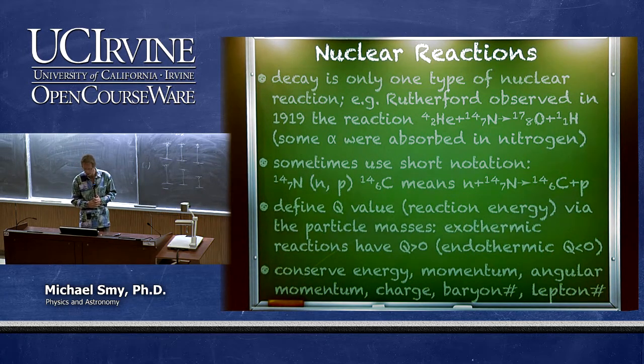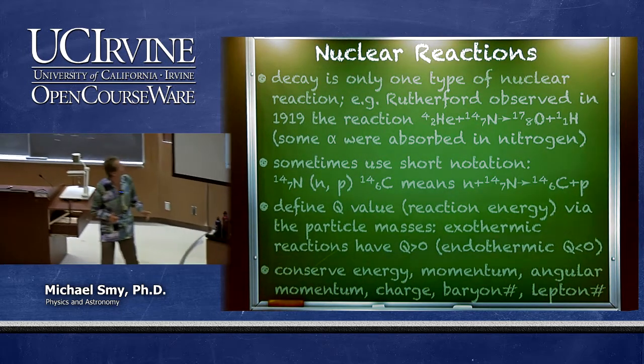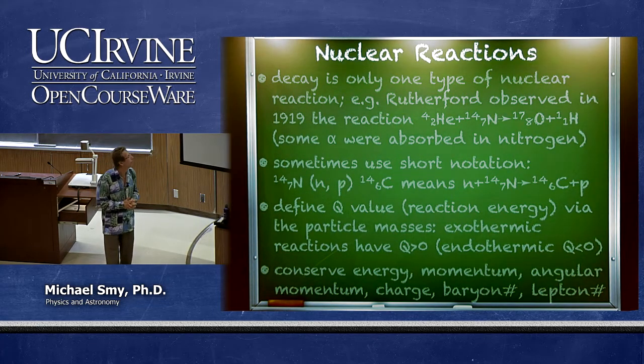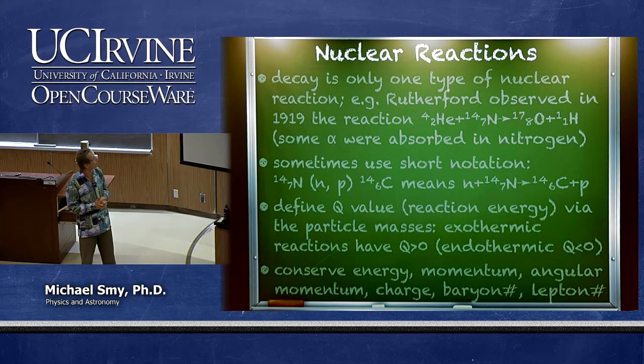Nuclear decay is only one type of reaction. For example, even Rutherford himself observed that some of the alpha particles are absorbed in nitrogen gas and protons are emitted. And one can understand that with this nuclear reaction, that the helium interacts with the nitrogen and it makes oxygen-17, and 1 proton comes out.